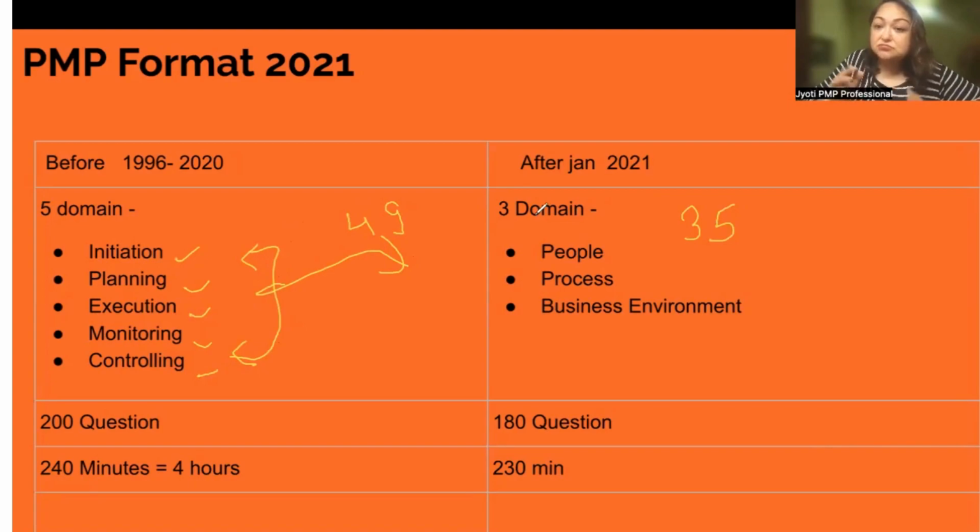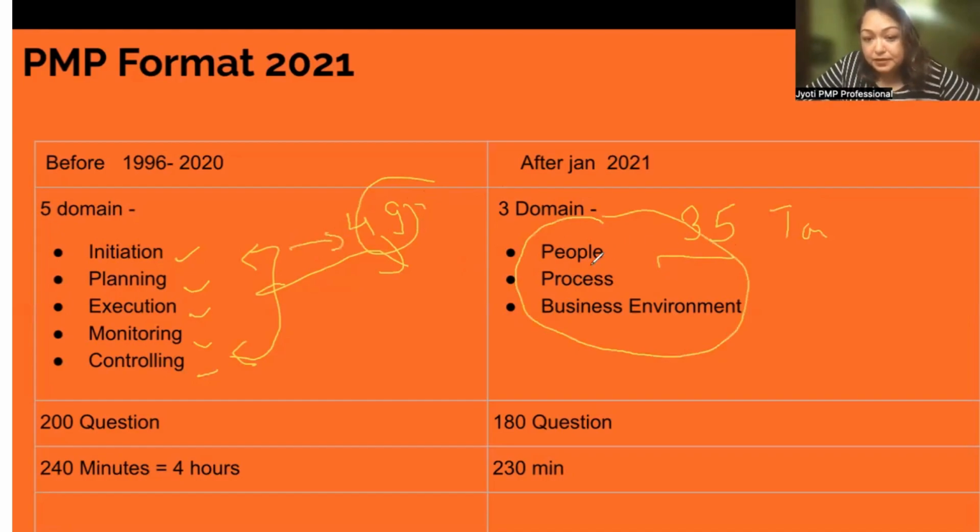Initiation depends upon people, planning depends on people, on process, on business environment. So everything is linked, but they have changed their settings now. Earlier there were 5 domains and 49 processes; now there are 3 domains, people, process, and business environment, and 35 tasks.